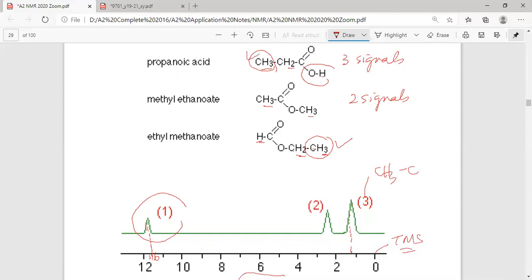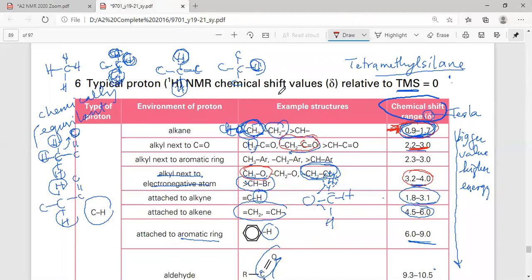Now, next one, CH2 to O and CH2 to CO. Of course, this will be lower than CH3 to O, which is nearer to oxygen, so that would be higher. CH2 to O should be 3.2 to 4.